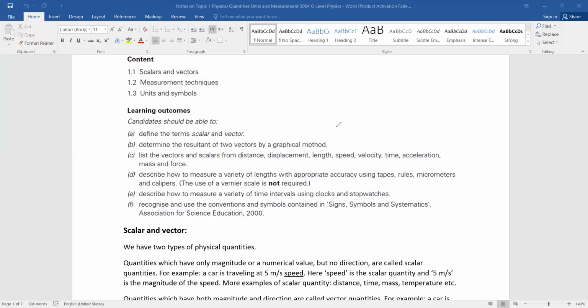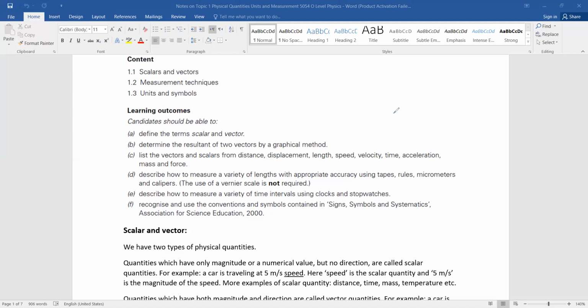If they are working in the same direction, then we add them to get the resultant. Resultant means the sum of the two vectors, right? And if they are working in the opposite direction, then we subtract, right? This way we are doing.